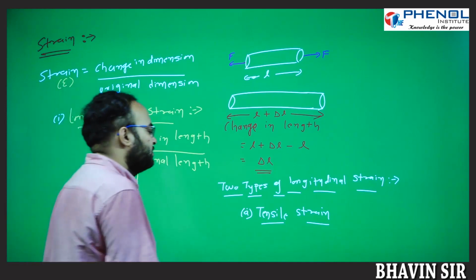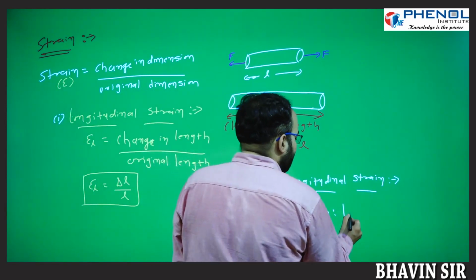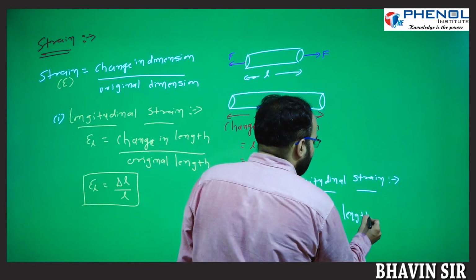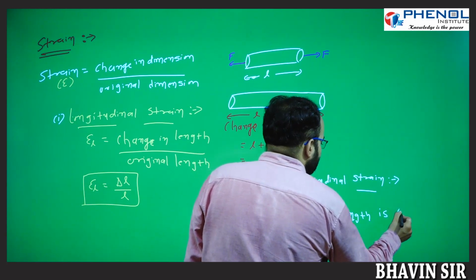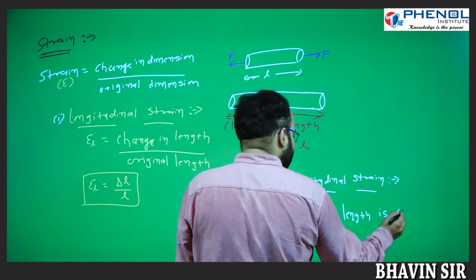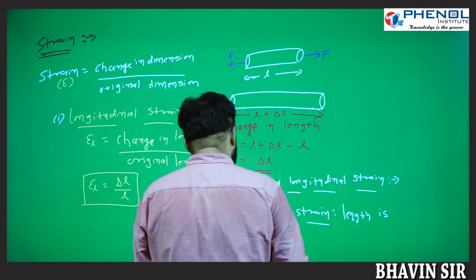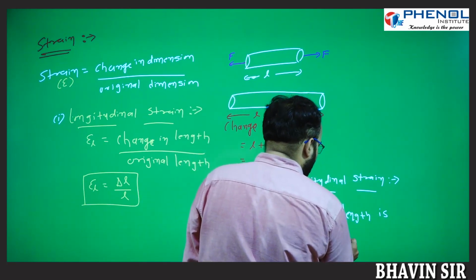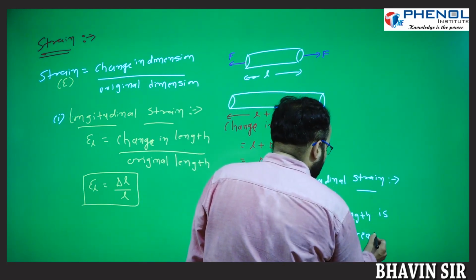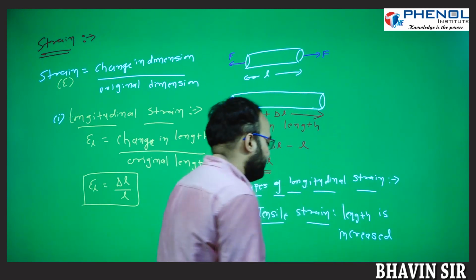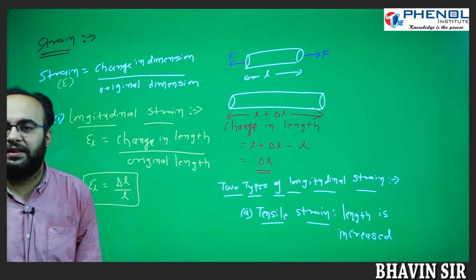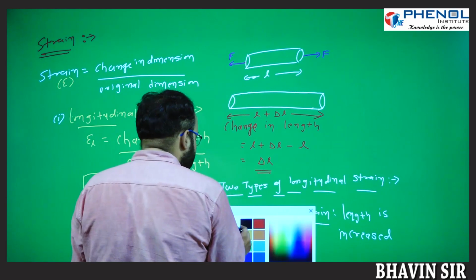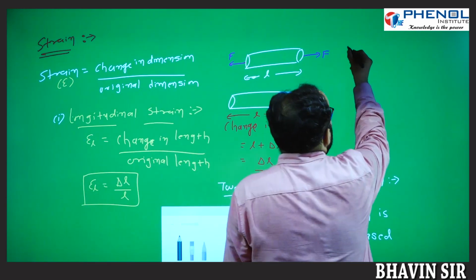So in the case of tensile strain, length is increased. Now the second strain is compressive strain.